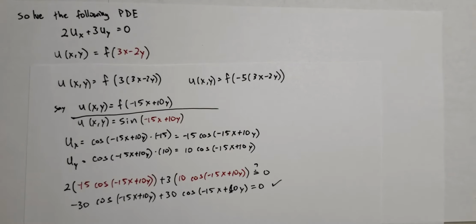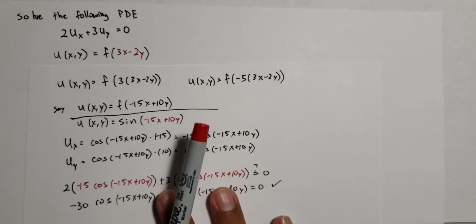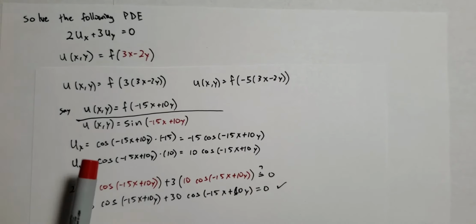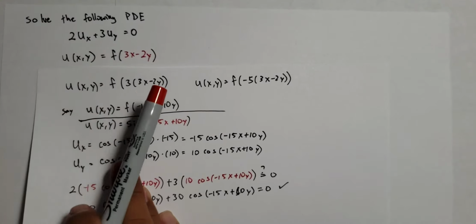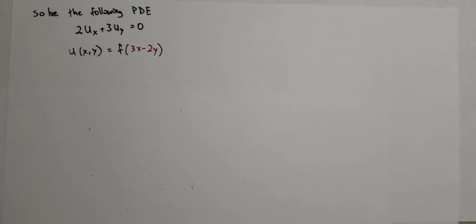So any scaled version of that will work, right? As mentioned earlier, if we have our solution equals 3x minus 2y, any other version of that will also work.